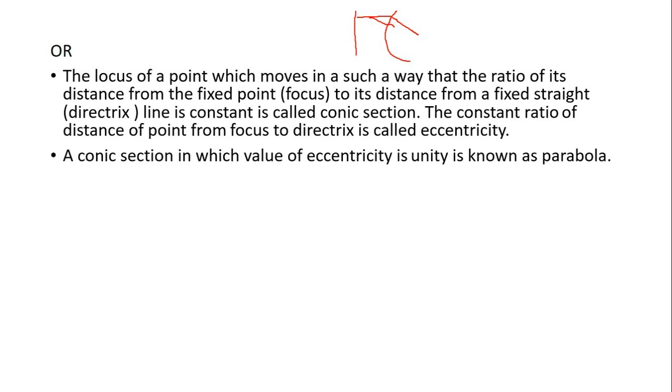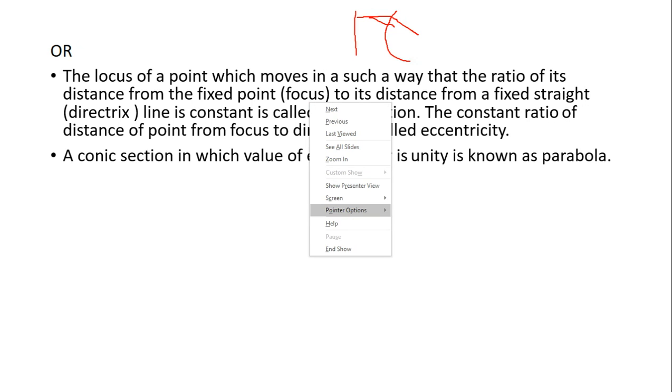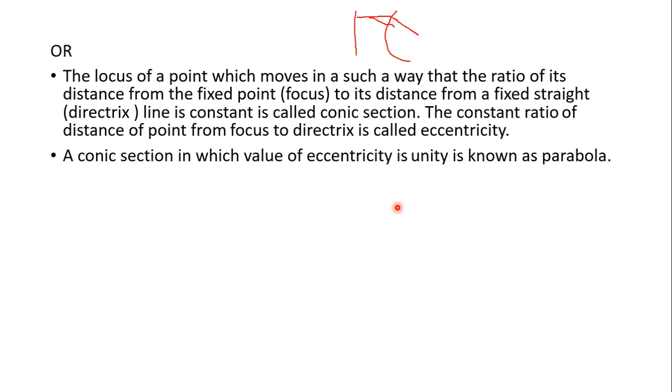A conic section in which the value of the eccentricity is unity is known as the parabola. So eccentricity, I have already explained this. This ratio, distance from fixed point to the distance from fixed straight line, is known as the eccentricity, which is constant. And if this ratio is 1, unity means 1, it is known as the parabola.